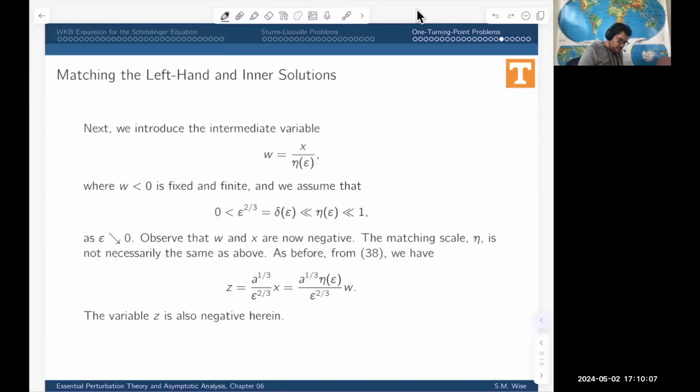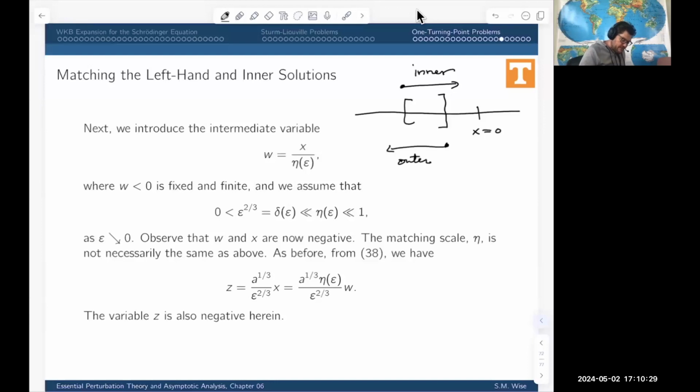So the matching that we're doing here is at x equal to 0. The inner solution lives here. The outer solution, the left-hand region, comes all the way down to here.